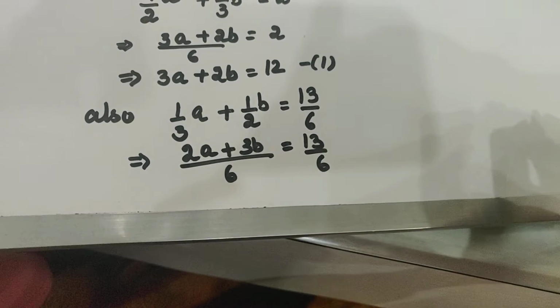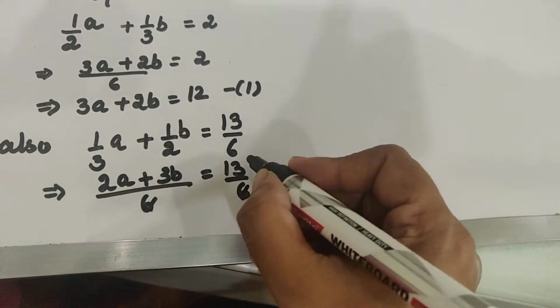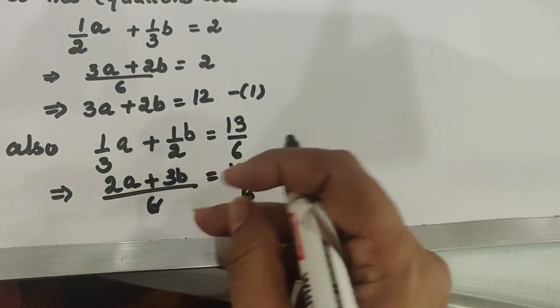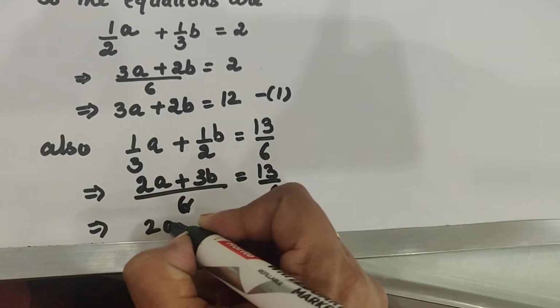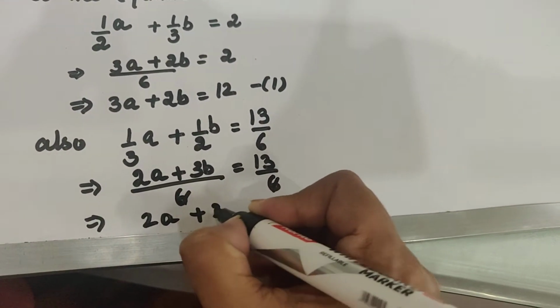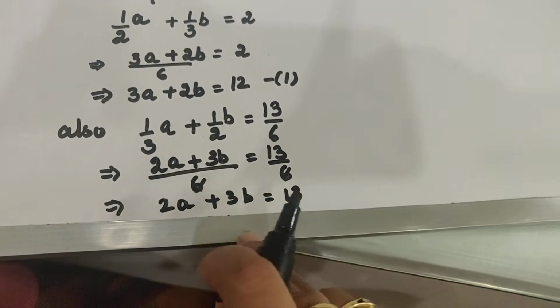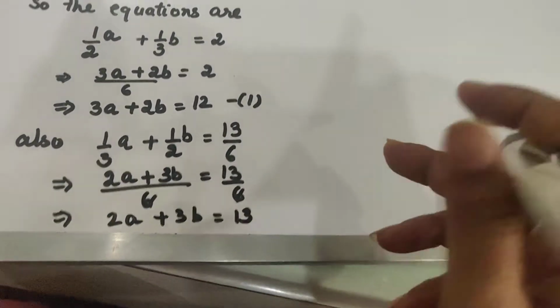Now this 6 will go to this side, or you can simply cancel it here only because it will go to this side and it will be multiplied here. Ultimately it will be cancelled. You can cancel it here only to get the equation 2a plus 3b is equal to 13. Now if you want to solve it by substitution method, you can take the value of any variable a or b here.